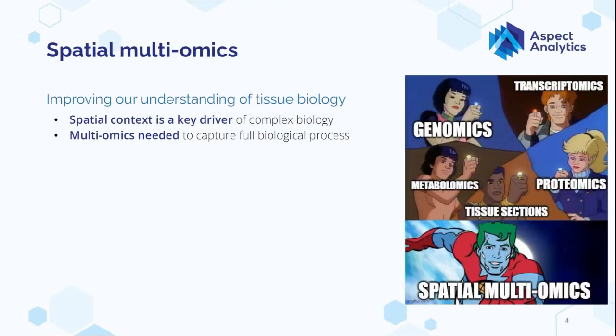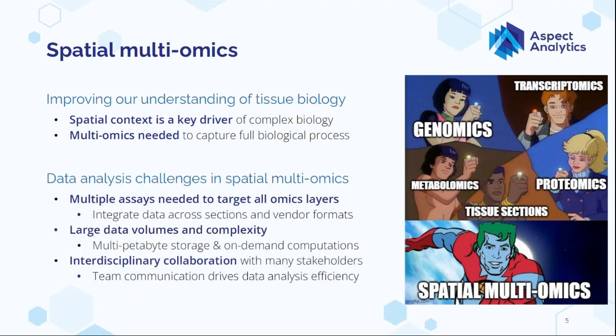I don't think I have to explain the utility of spatial multi-omics to anyone here, but essentially it's about bringing together two key factors: spatial context as well as a multi-omics profile of our biology to understand everything that's going on. We all know this is relevant and useful, but it comes with a couple of challenges, because usually if we want to obtain multi-omic readouts, we're typically limited to having to use a variety of different assays.